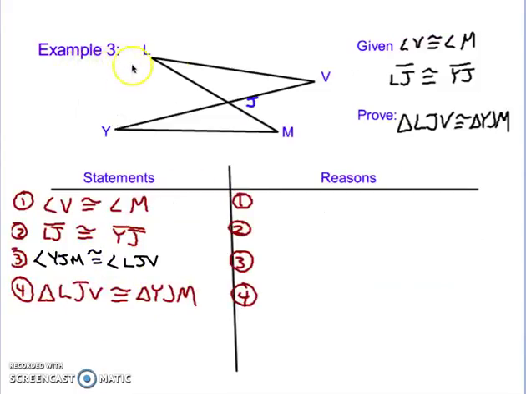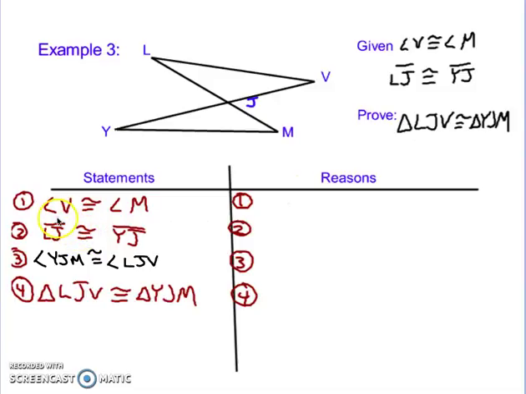In example 3 here, we are given that angle V is congruent to angle M, and segment LJ is congruent to segment YJ. And we need to prove that triangle LJV is congruent to triangle YJM.